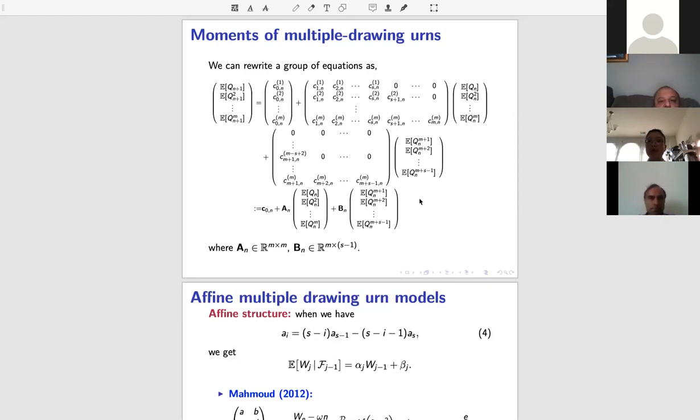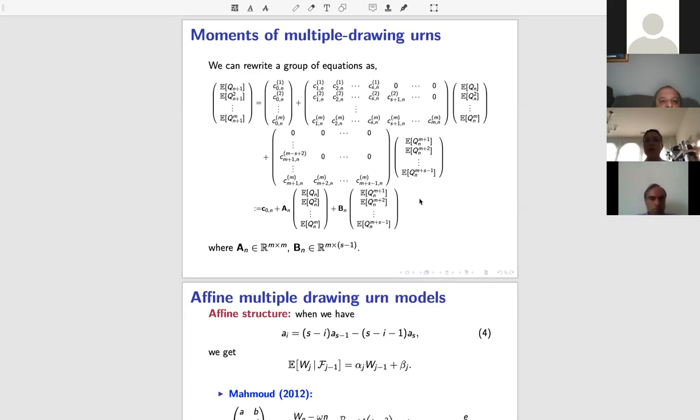As long as this Bn matrix has non-zero coefficients, we have this structure of dependence on higher moments, and by far we are not able to get a solution or even extract the asymptotic moments from this system of equations.